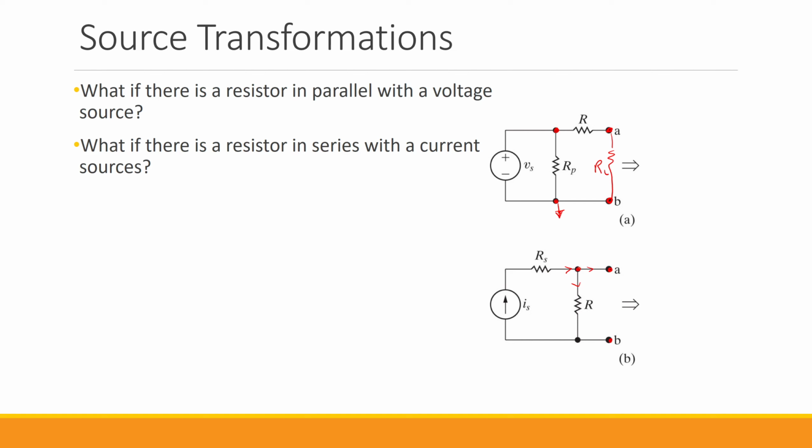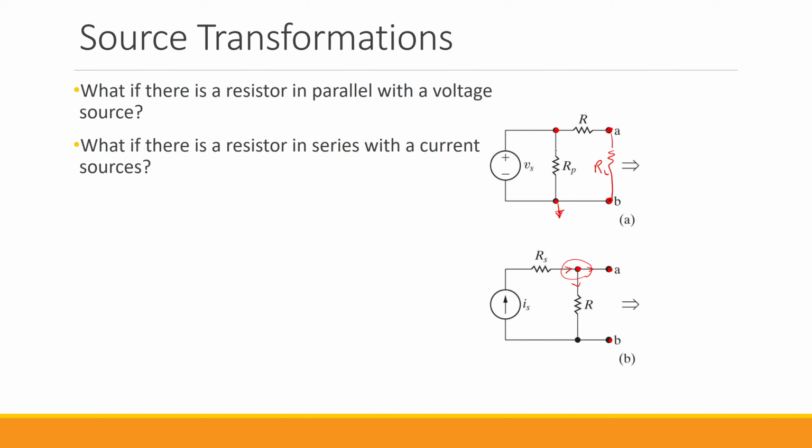So that means that it doesn't have any effect on the equation that we write for KCL for this node. So because of that, you can eliminate these when you are doing source transformation. Of course, that is only for simplification of the circuit, right? Not necessarily eliminating them equals they don't have any effects.